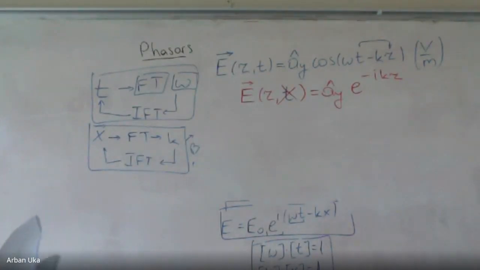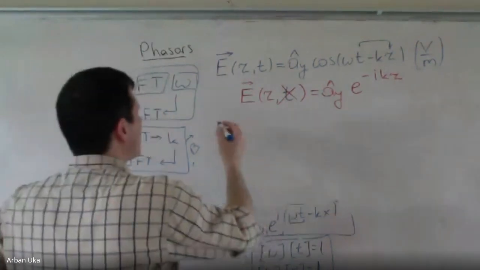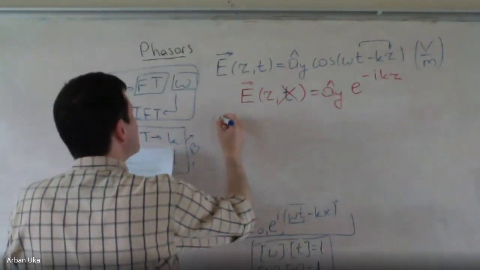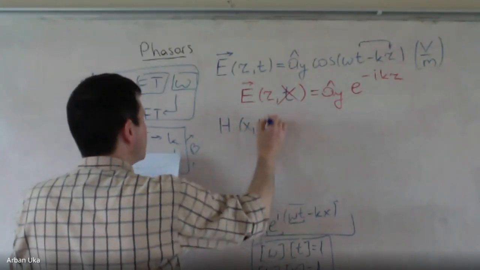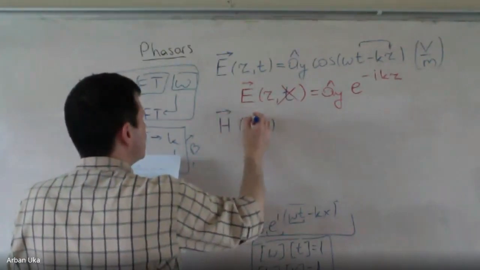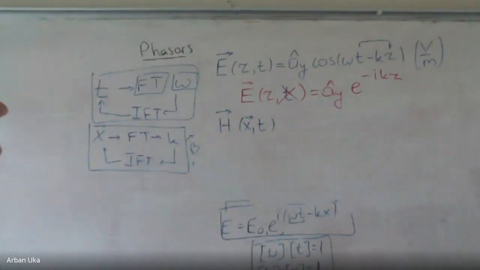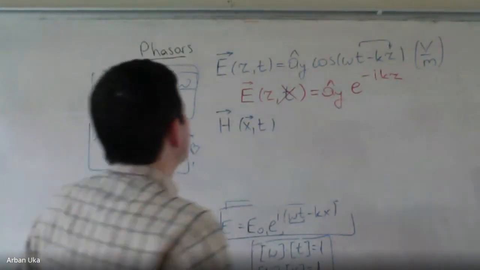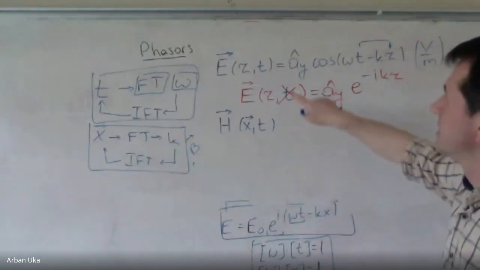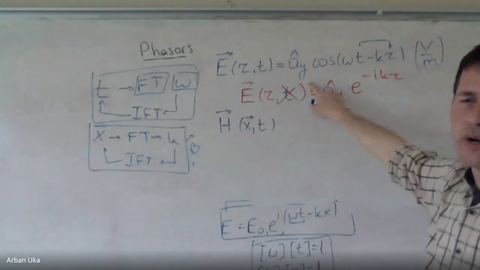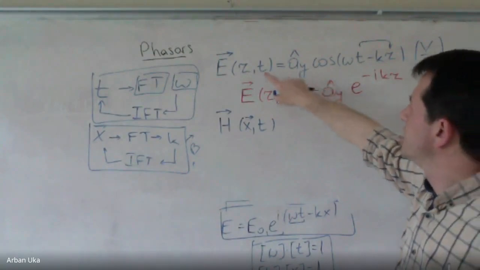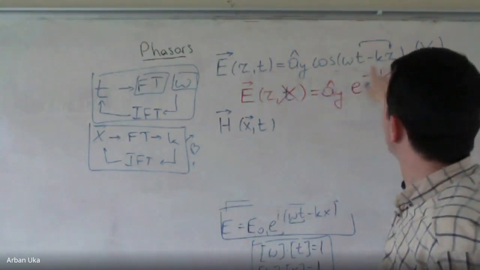And then let's assume that we have another field, which is the magnetic field intensity as a function of x and time. One other thing worth noticing is that the electric field is pointing in the y direction, but it does not depend on y at all.